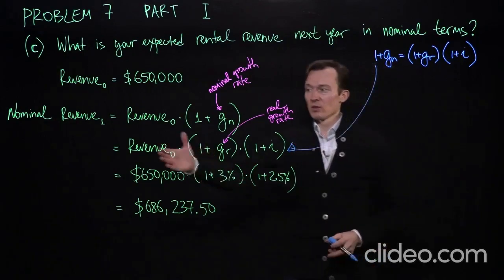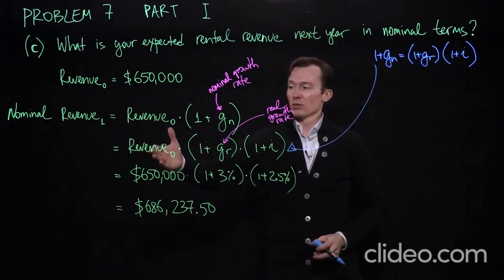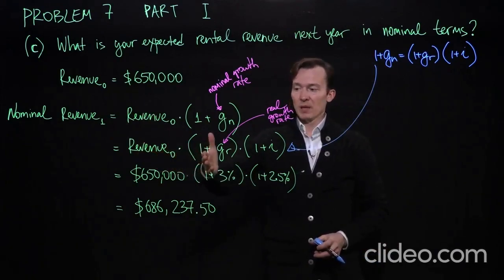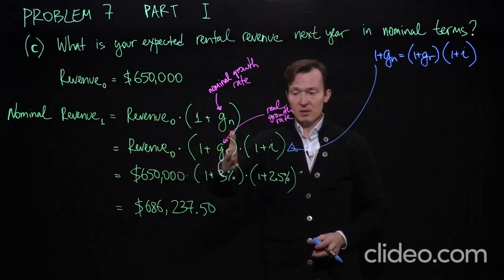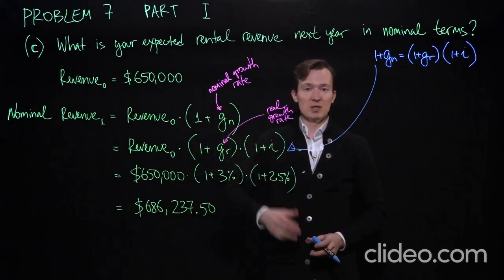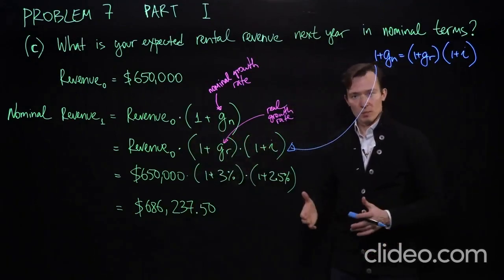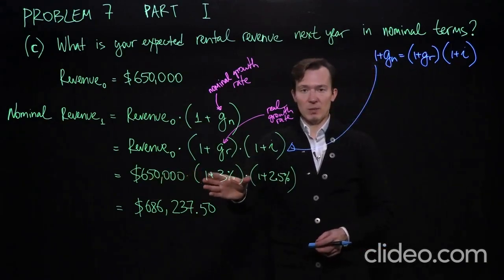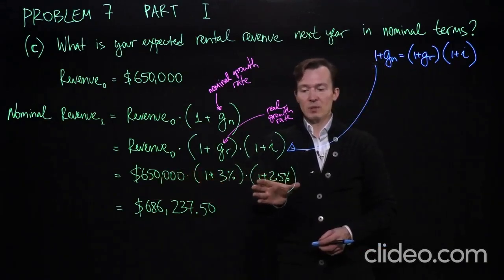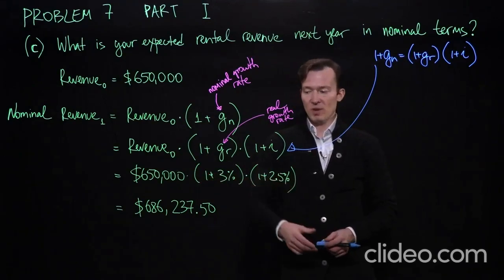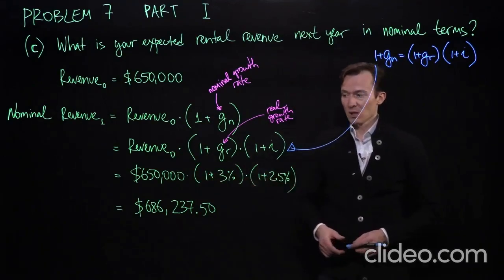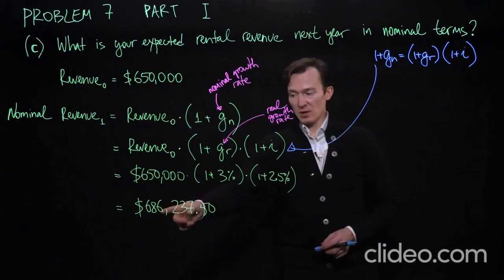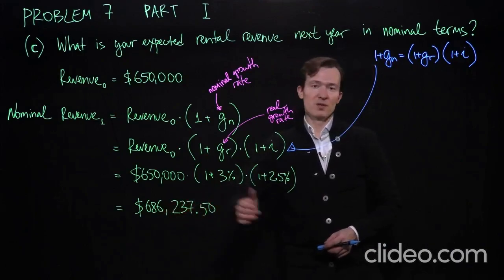Therefore, the nominal revenue in year 1 is going to be equal to revenue now multiplied by 1 plus real growth rate times 1 plus the rate of inflation. Plugging in the numbers, we get $650,000 multiplied by 1 plus 3% multiplied by 1 plus 2.5%, which gives us $686,237.50.